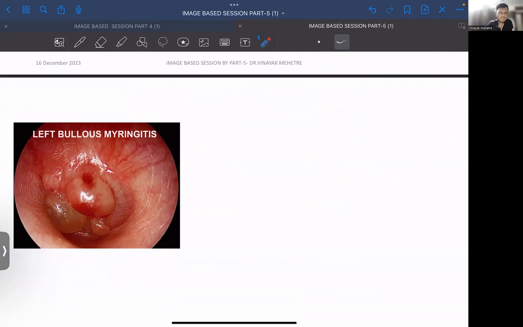Patient presented with pain in the ear and decreased hearing, plus there is a bulla on the tympanic membrane. Bulla on the tympanic membrane is called bullous myringitis. This image has been asked, that too recently. What are the causes of bullous myringitis?